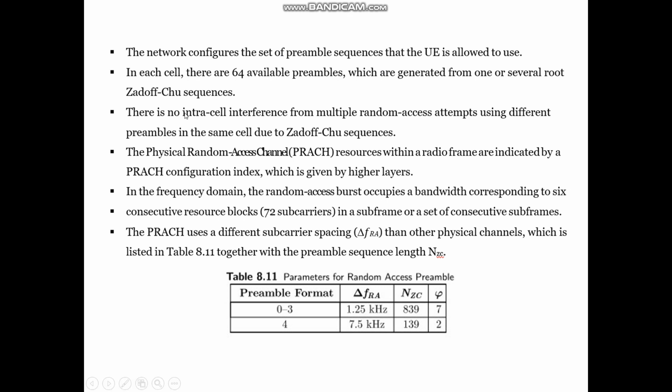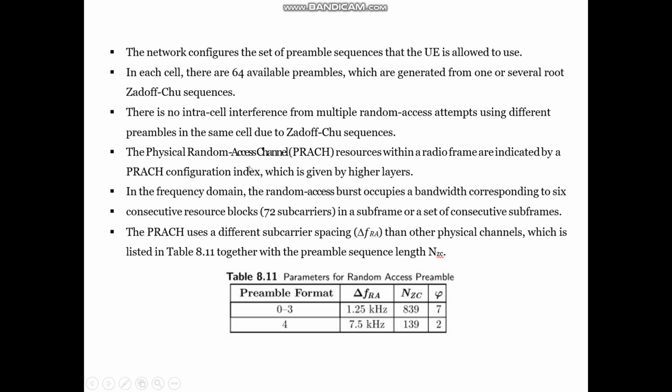And there is no intra-cell interference from multiple random access attempts using different preambles in the same cell, due to Zadoff-Chu sequences.